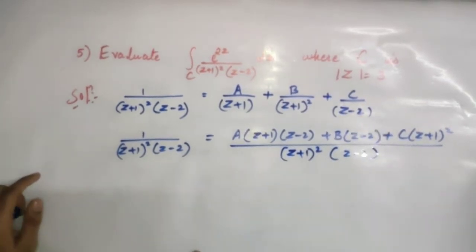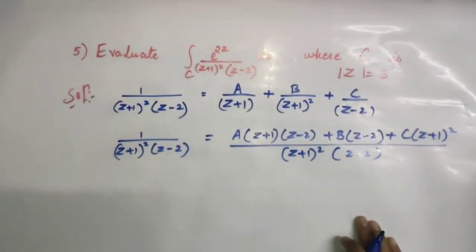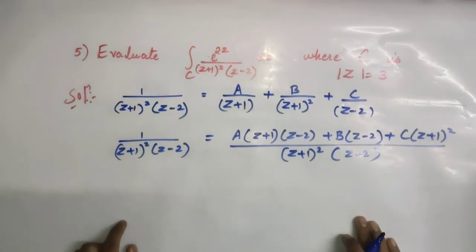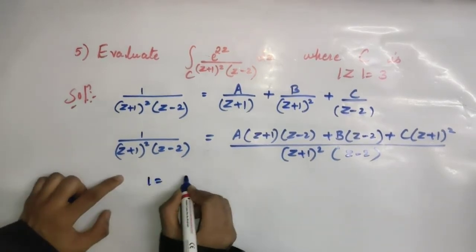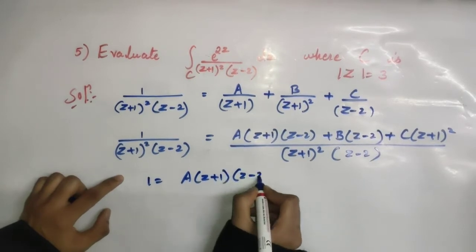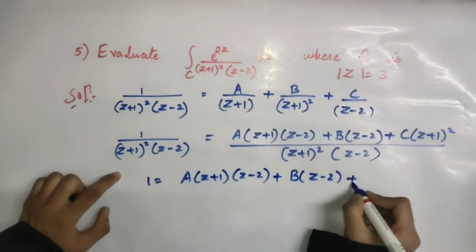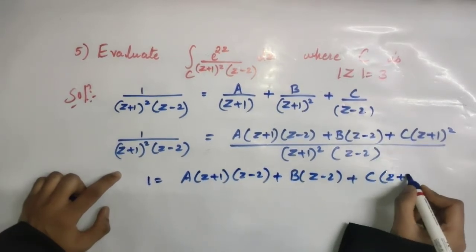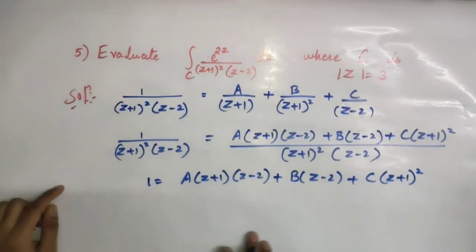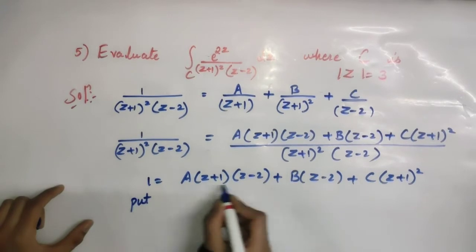The denominators from the LHS and the RHS get cancelled, and you will have 1 equals a into (z plus 1)(z minus 2) plus b into (z minus 2) plus c into (z plus 1) whole square. Now just put values for z so as to get the coefficients a, b, c.